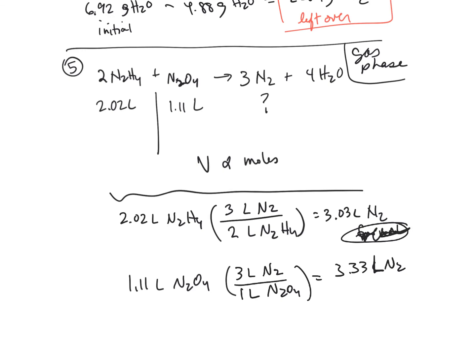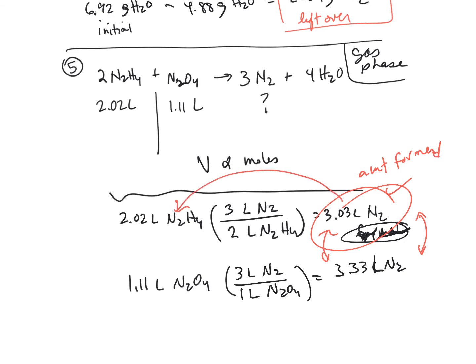The next step here is to compare the two and pick the smallest one, right? So then you're going to pick this one. This is the amount formed. And therefore, N2H4 is the limiting reactant, okay? So for part A, we know how many liters of N2 are formed.